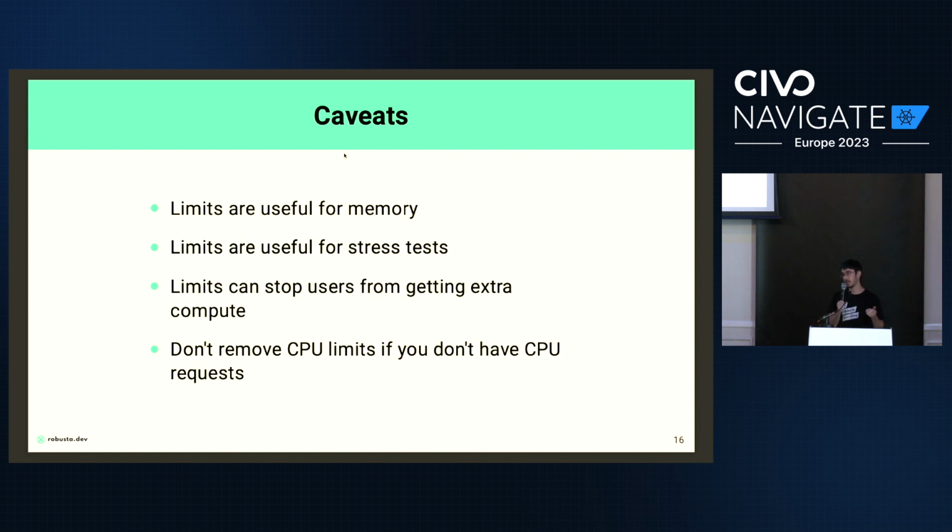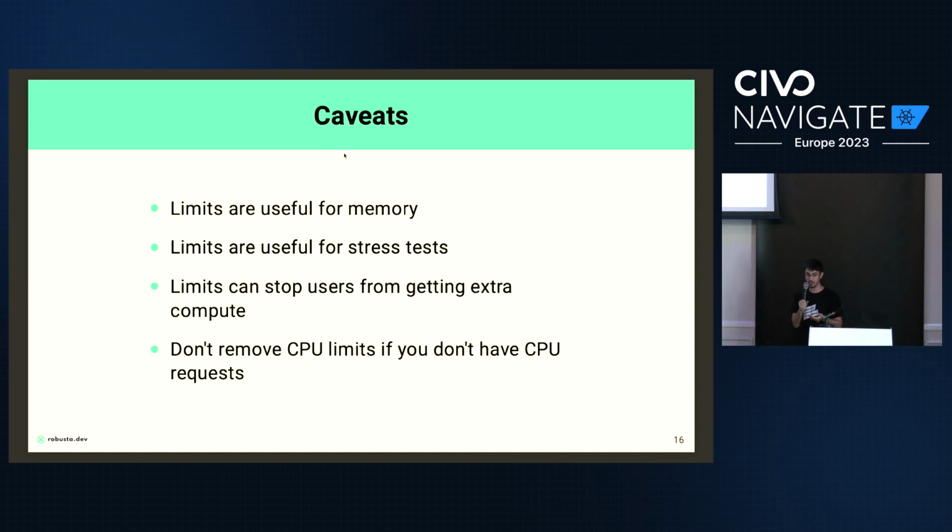And he said to me, well, Natan, we use limits because let's say I don't use limits and our customers are paying for 2 CPU, and they come now and there are no limits in place and they benchmark us, and at the moment they benchmark us, they got 4 CPU. And then tomorrow, they're not going to get 4 CPU because it's not guaranteed, and they're going to say, you guys have a 50% decrease in performance. So I don't want to give them extra excess capacity if it's there. So that's the case where you would want a limit.